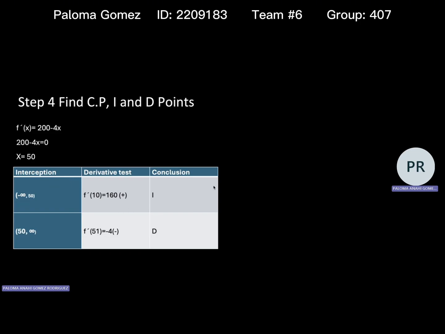In this case, we chose the number 10, and when we evaluated, we got 160, which is positive. Then we evaluated the number 51, and we got -4, so it's negative. These signs tell you whether the function is increasing or decreasing at those points.